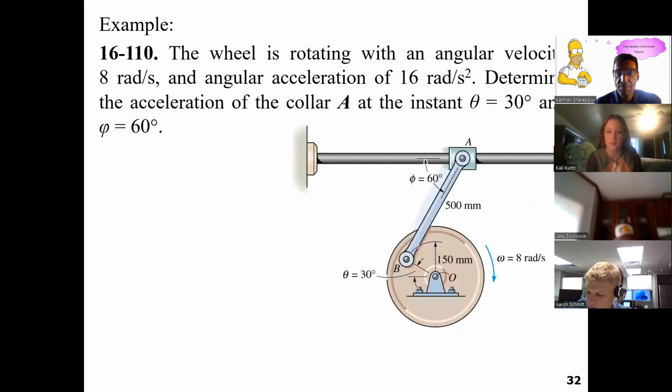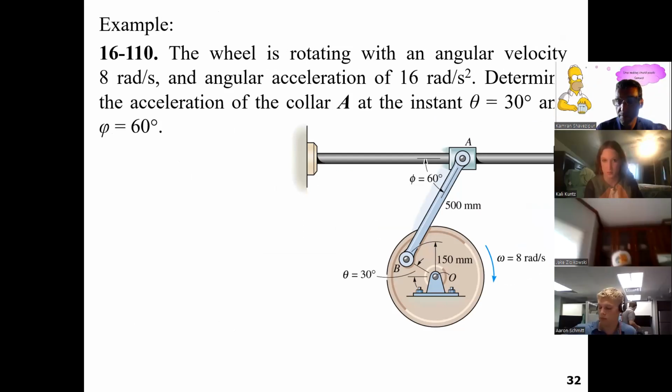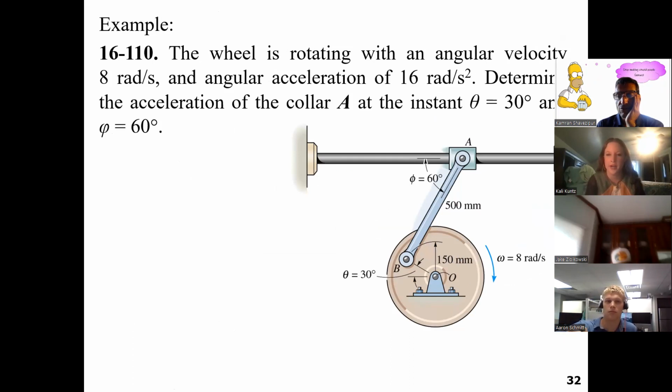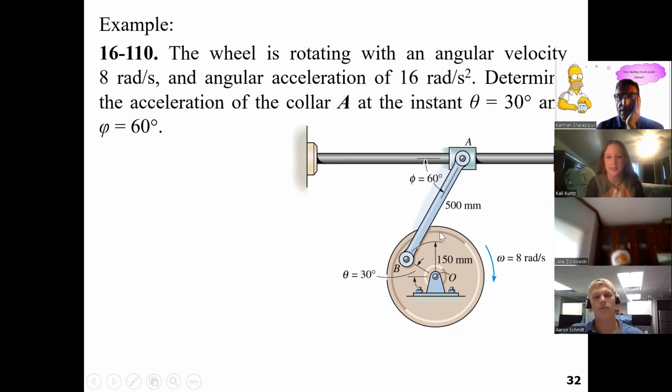We're going to have some examples to solve. Let me, what time is it? We have 20 minutes. We may be able to go some, we may not be able to finish this completely, but that's okay. The problem says this wheel, and now you see how we use those relative motion ideas. This wheel rotates with an angular velocity of 8 radians per second, and we want to find the acceleration of this collar A going back and forth.